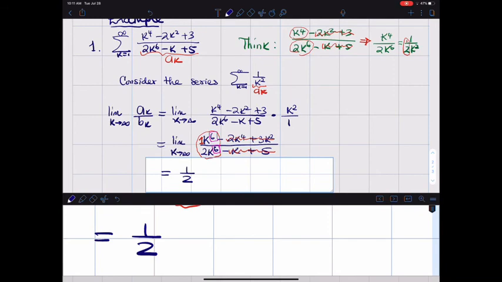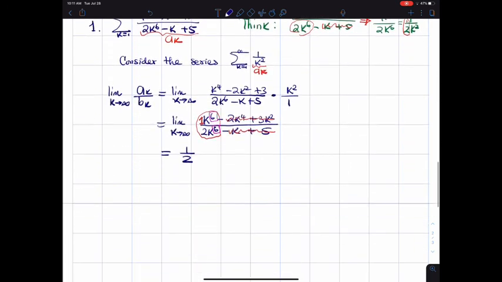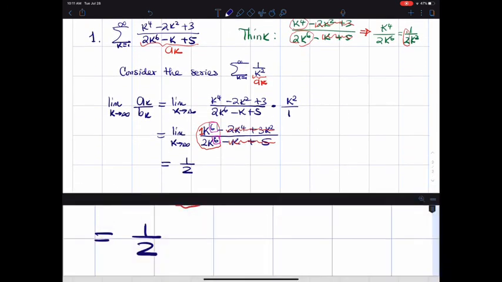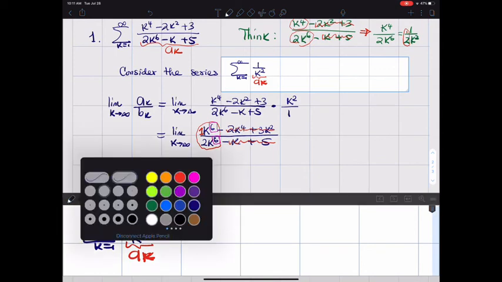All right, let's go back to the limit comparison test. If the limit is greater than 0, then either both series converge or both series diverge. So what do we know about this series? I called this AK. Sorry, it should be BK.